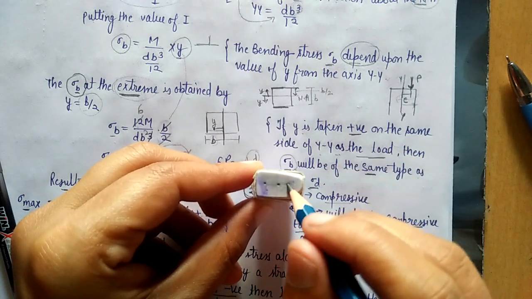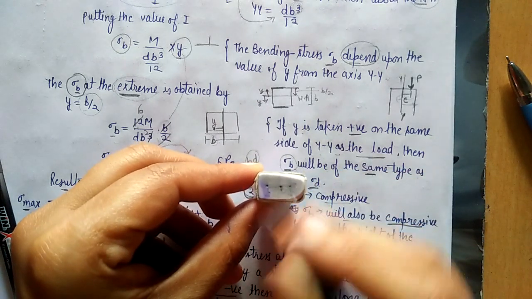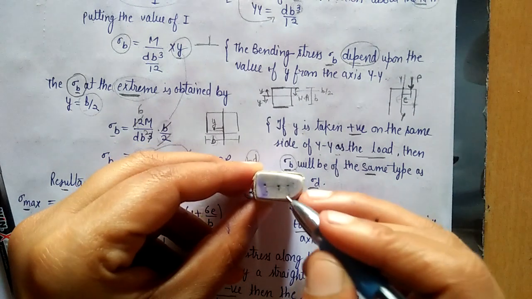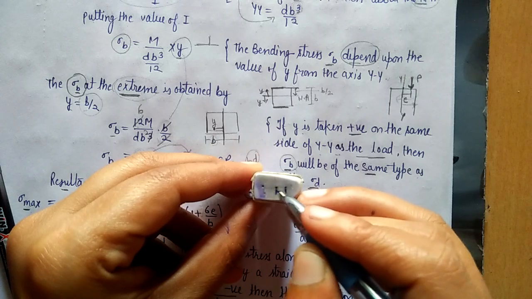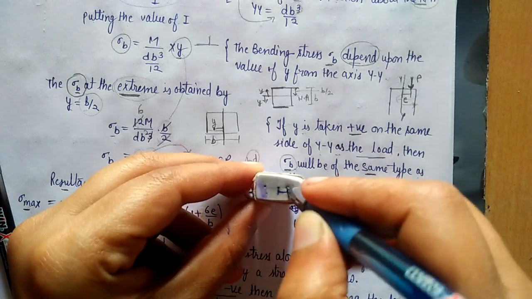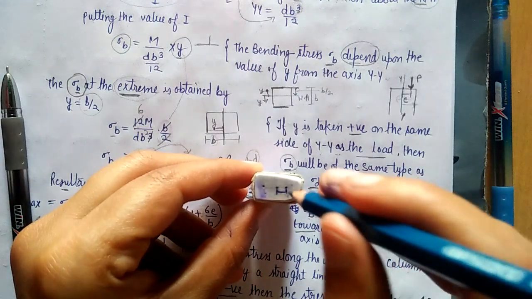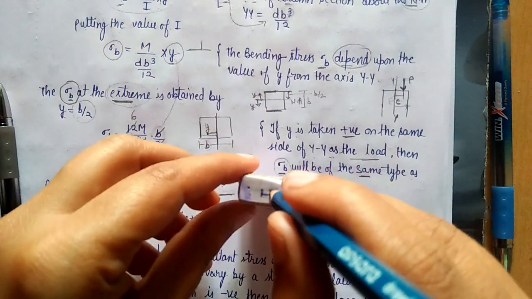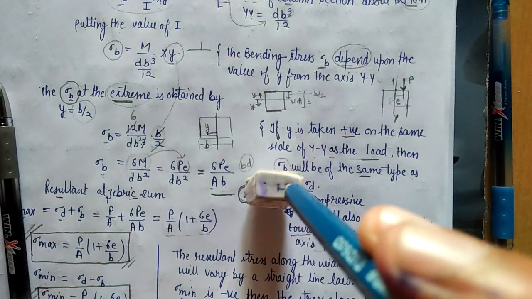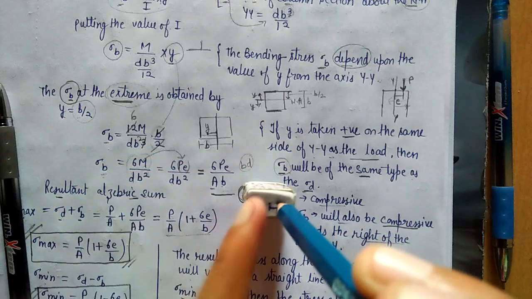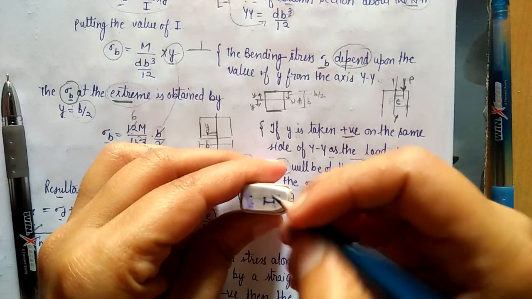Now what is the value of the eccentricity? The distance between this point and this point. These distances represent the eccentricity, and here the load is applied, so the load is eccentric. Okay, so what comes when we apply a centric load, or an eccentric load? This load is compressive, that means it compresses this side, from the y axis.